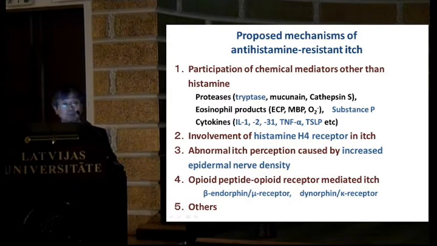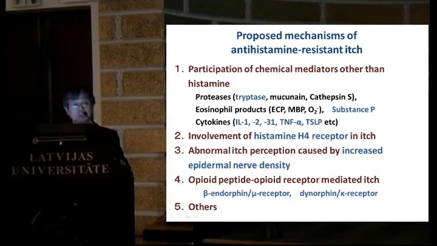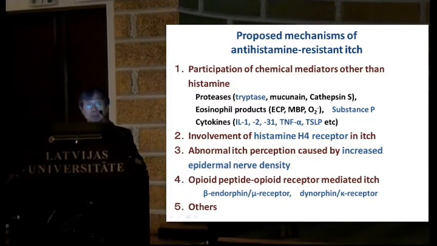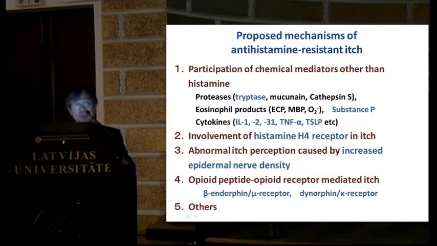Proposed mechanisms of antihistamine-resistant itch. First, participation of chemical mediators other than histamine: proteases such as tryptase, cathepsin S, eosinophil products, substance P, and cytokines such as IL-1, IL-2, IL-31, TNF-alpha, and TSLP. Second, involvement of histamine H4 receptors in itch.